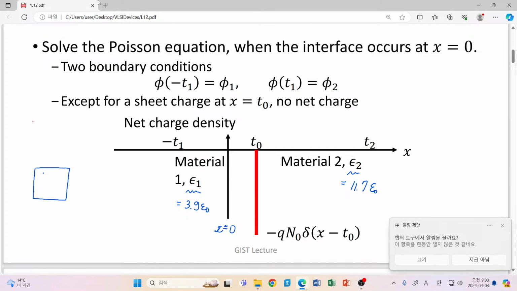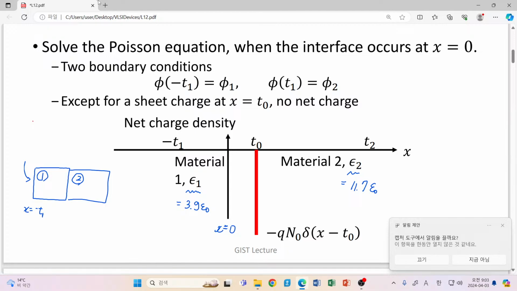Say you have material 1 and you have material 2, and the boundary shown here is denoted as x equal to minus t1.